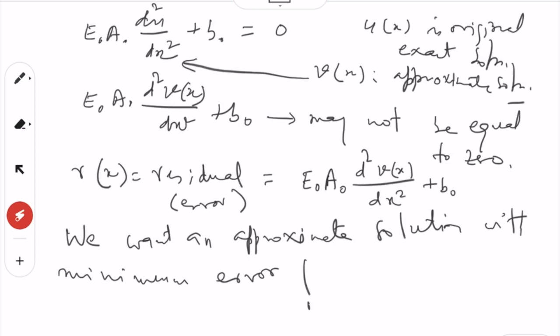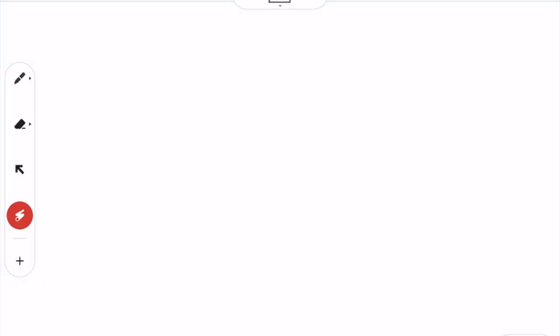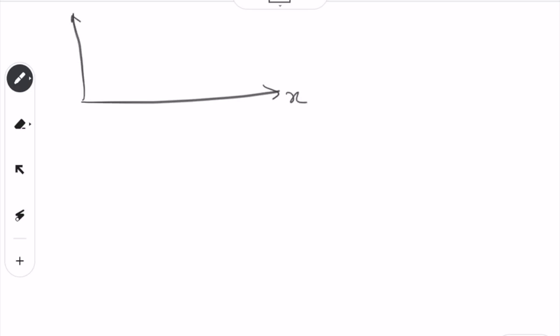Then what to do? Maybe we find out what the residual is. Let us say this is x and this is R(x), and the residual could be something going up and down, like this.